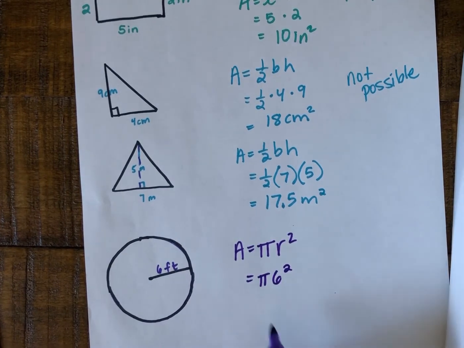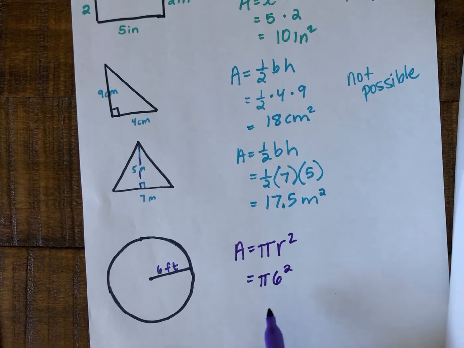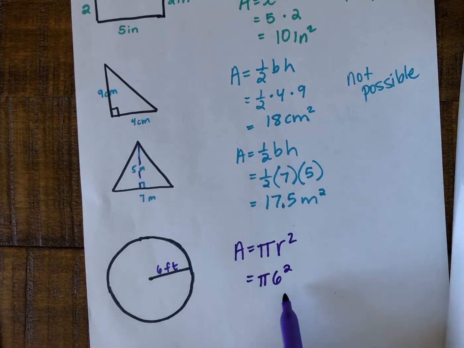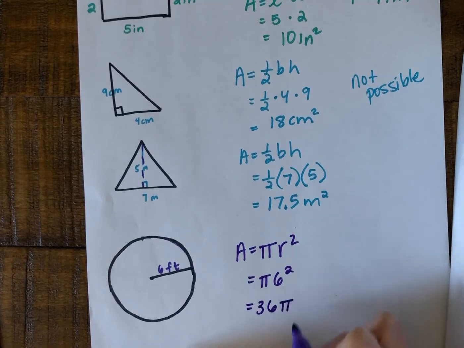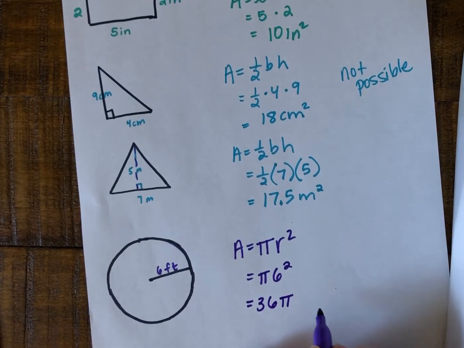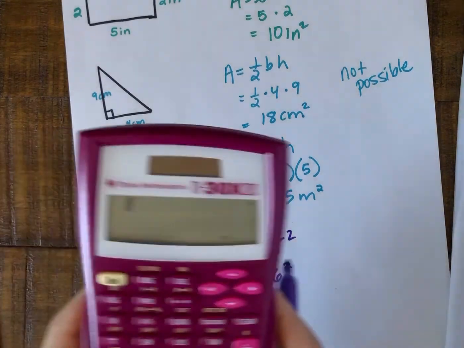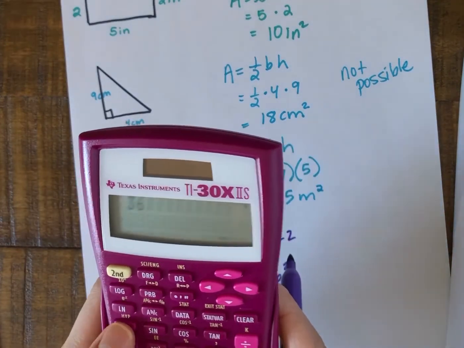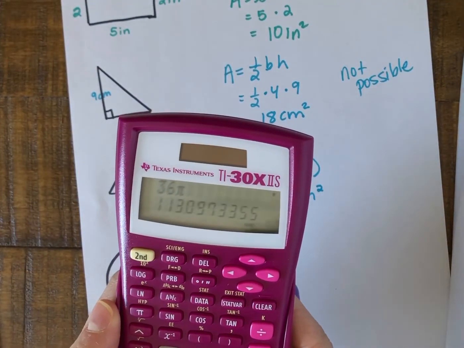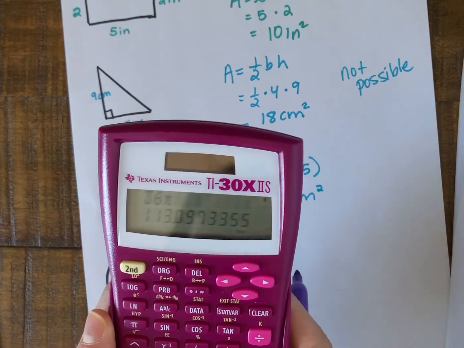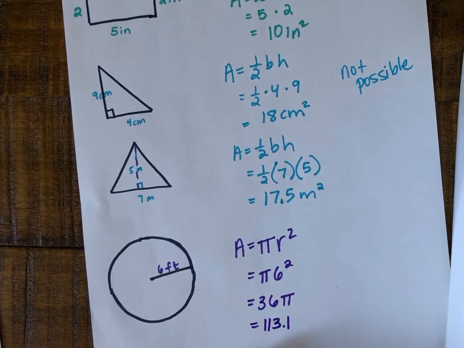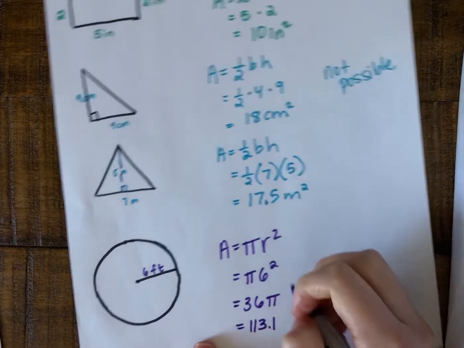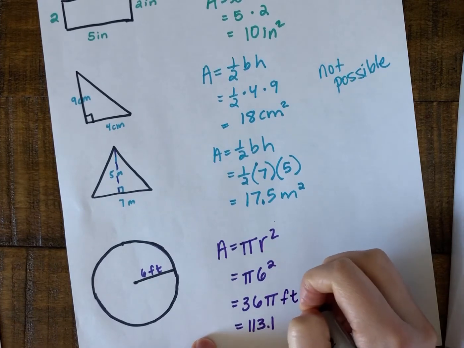And 6 squared is 6 times 6, which is 36. So my answer could be 36 pi for my exact answer. Or I could type 36 pi in my calculator and I get 113.1. And that would be in square feet for either answer.